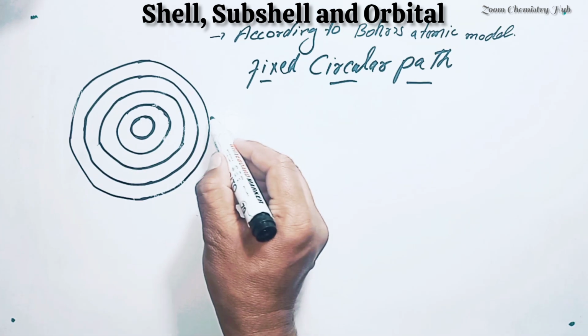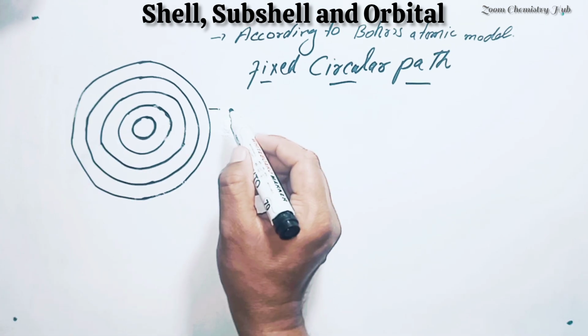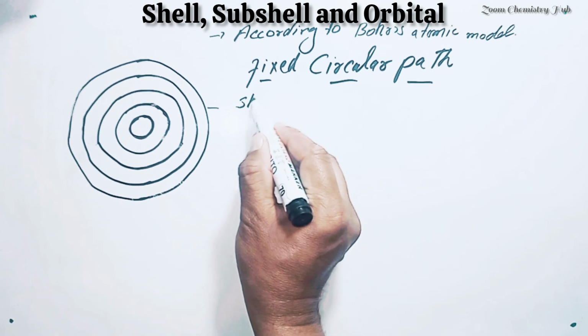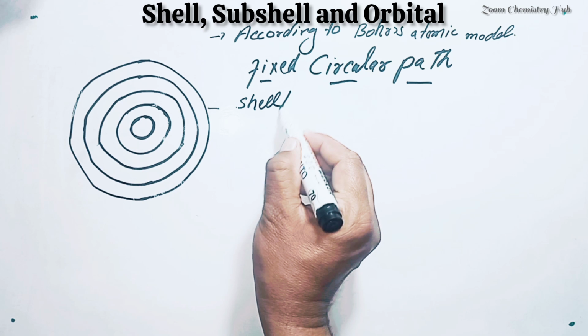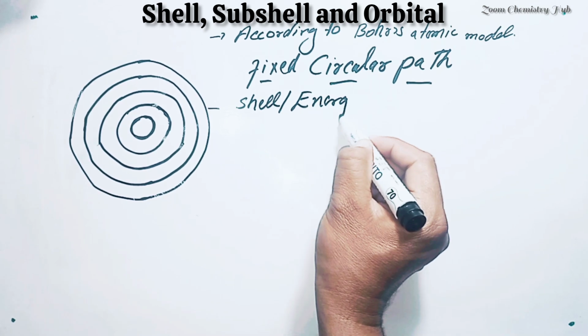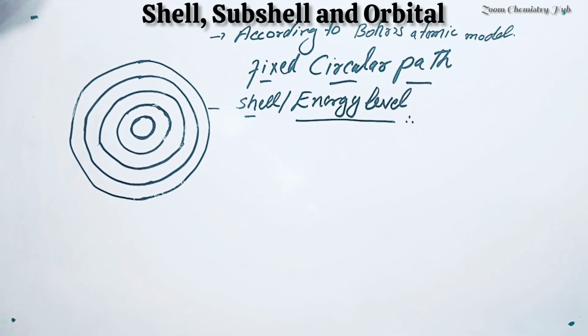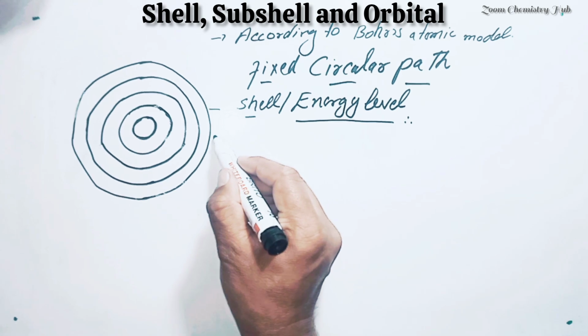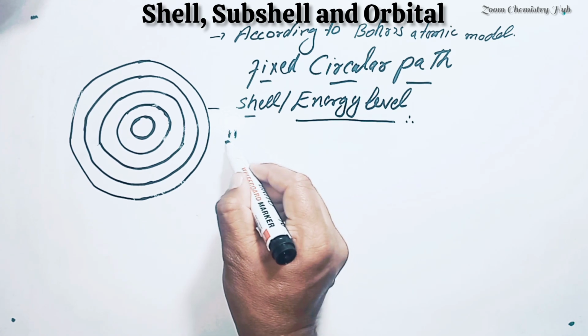These shells are also called energy levels, and these shells are represented by small n.